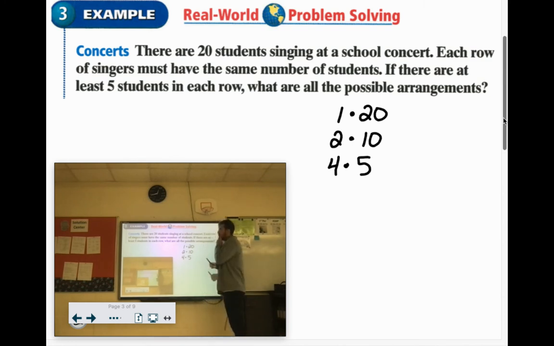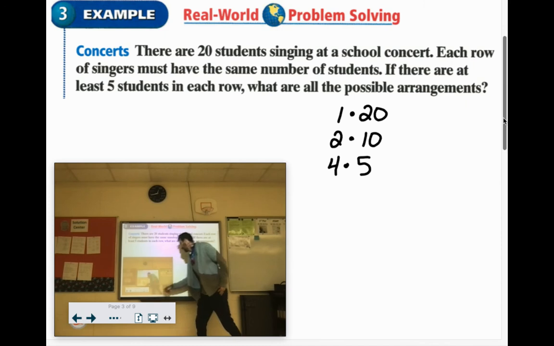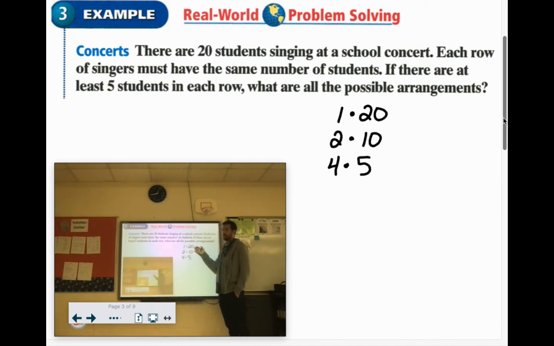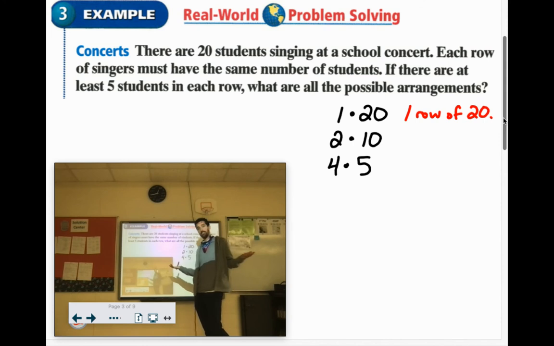So each row must have the same number of students, and there has to be at least 5 students in each row. So to have this be at least 5 students, it could be one row of 20. Now that's probably not what they're talking about, but technically that works with what they said. You could have one row of 20 students.